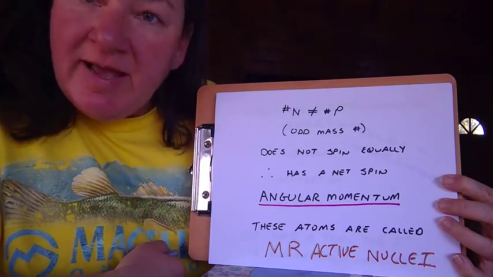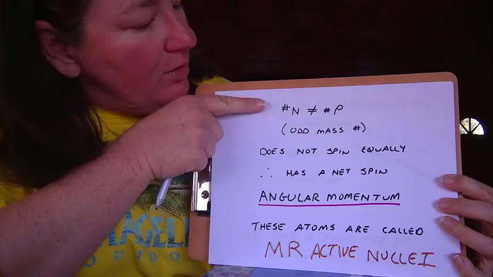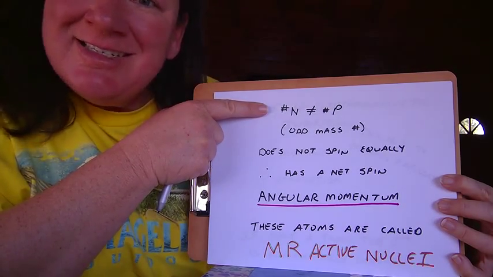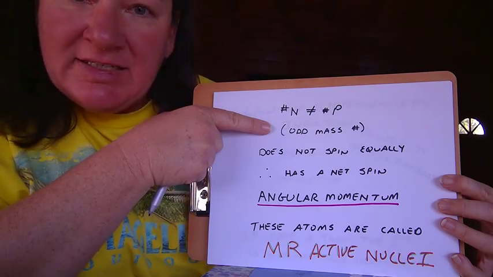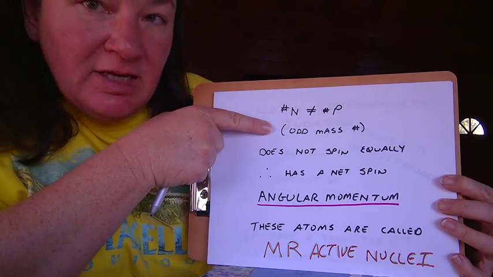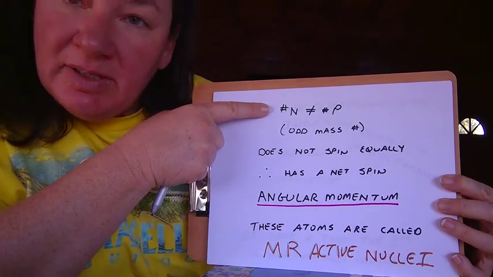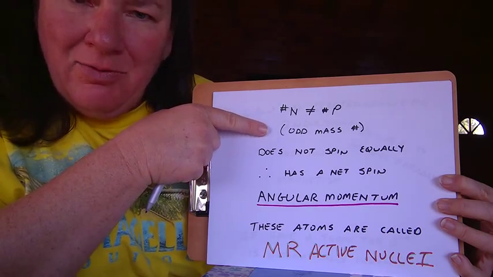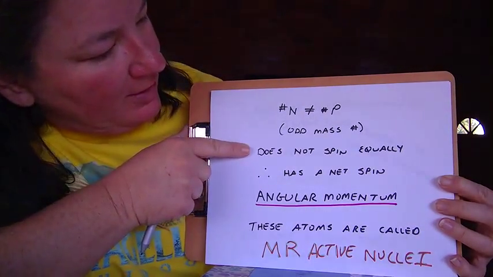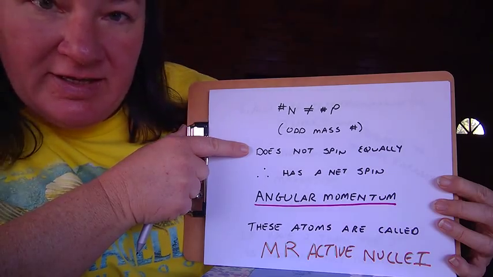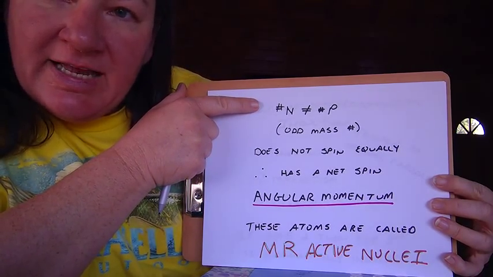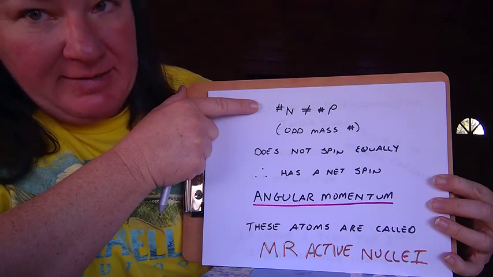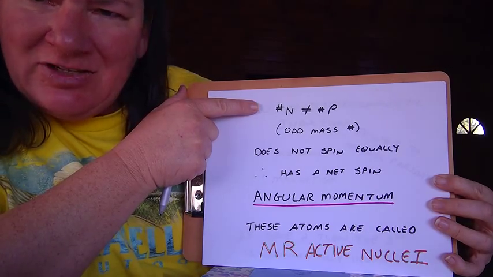Now remember we talked about mass number. When the number of neutrons does not equal the number of protons, you end up with an odd mass number, because remember the mass number was protons plus neutrons. Now why is that important? When you have each of these, let's go back for a moment. Neutrons, protons, and electrons all spin. Usually, they cancel each other out.